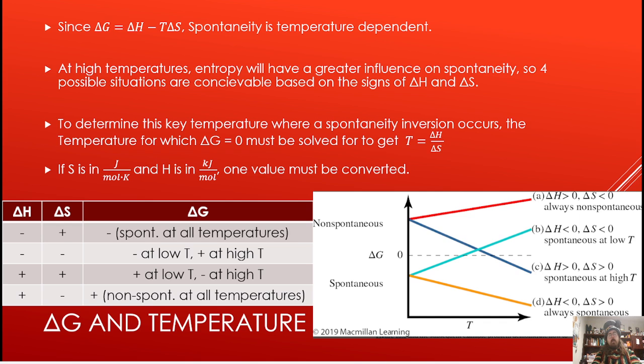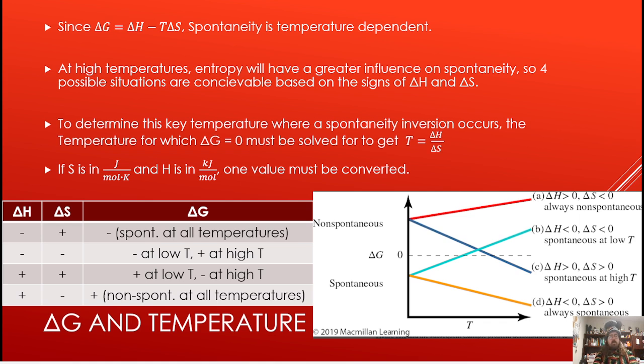So we can imagine that if the enthalpy is negative, so it produces heat, and the entropy is positive, it becomes more random as temperature proceeds, that it's spontaneous at all temperatures. It's that yellow line that as temperature goes up, it becomes more spontaneous.